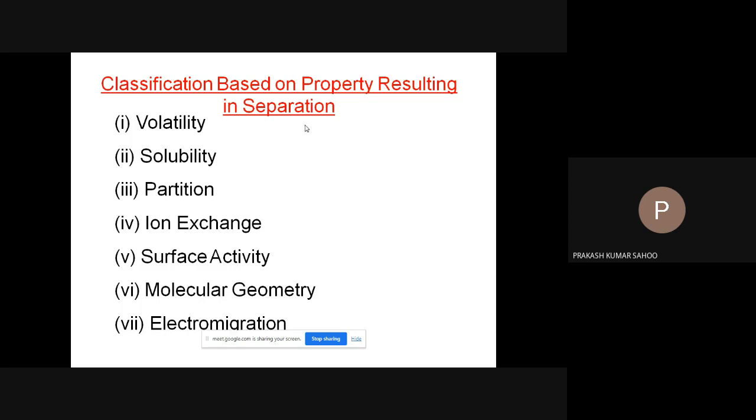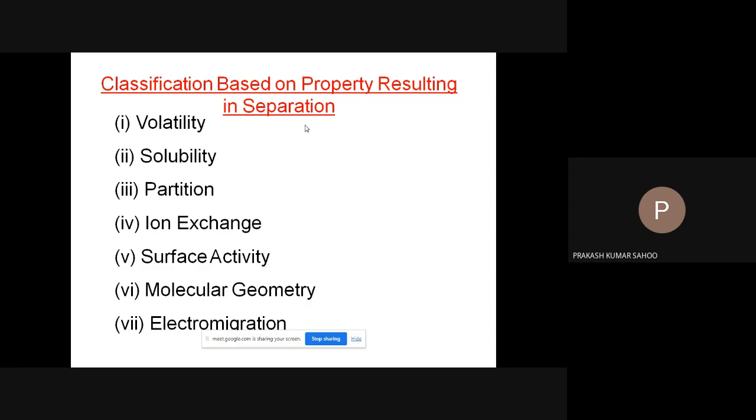Then we have partition. The method based on partition requires two phases: one is the mobile phase and another is the solid phase. Partition is just the same as the chromatography method. In chromatography, there is a mobile phase and there is a static phase or solid phase.